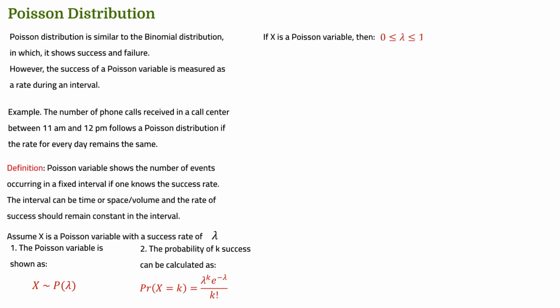If x is a Poisson variable, then lambda is greater than 0. That letter is the Greek letter lambda. And x can be 0, 1, 2, 3, all the way to infinity. The mean and variance of the Poisson distribution are both lambda.